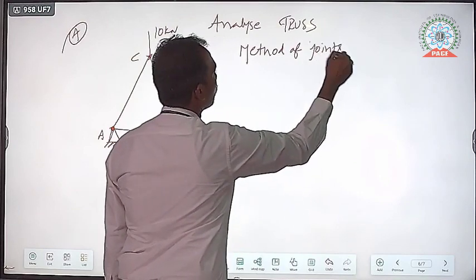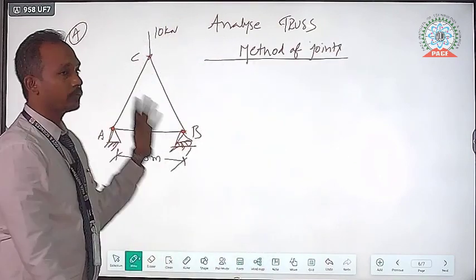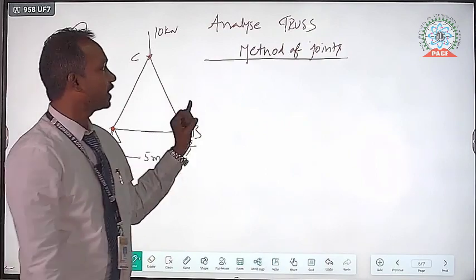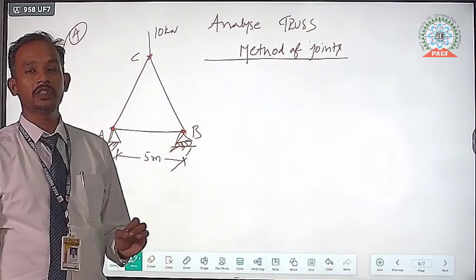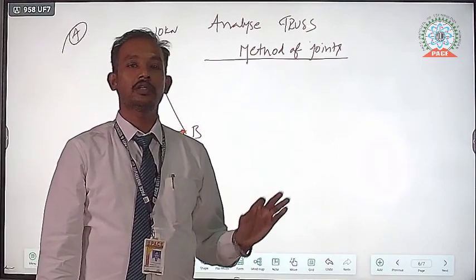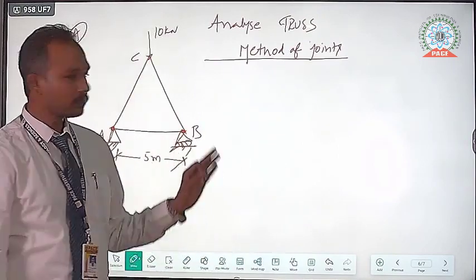First one is check the perfect condition, second one is calculate the reactions by using equilibrium equations, third one is draw the free body diagram at the joint, and fourth one is tabulate the values.